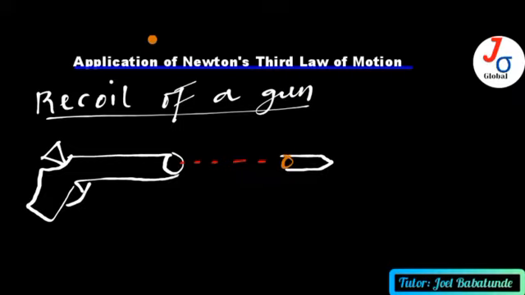The gun has a mass, let's say M1. The bullet has a mass, let's say M2. Now, after the gun has been shot, the bullet is going to be moving with a particular speed, let's say V2.